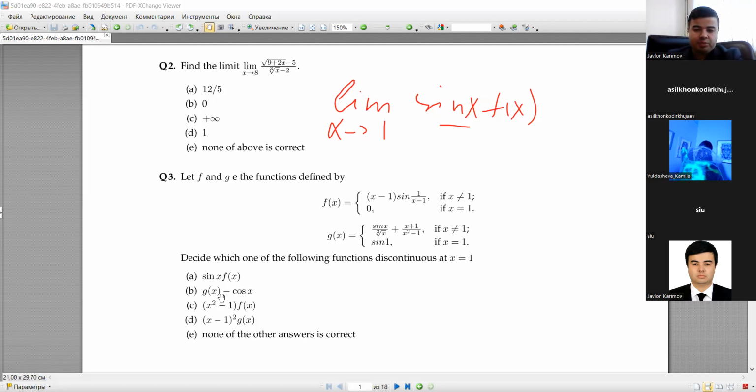Now, next B1. Gx minus cosine x. Where it tends now? Gx minus cosine x as x tends to 1.